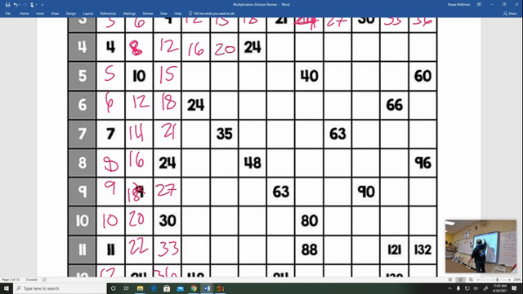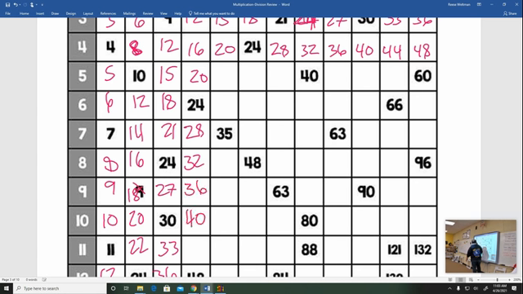What's next? 24. What's after that? 28. What's next? 32. 36. 40. 44. Good. And then we would do the same thing going down. And each time we have fewer to do, right? Because we're filling in more and more as we go.